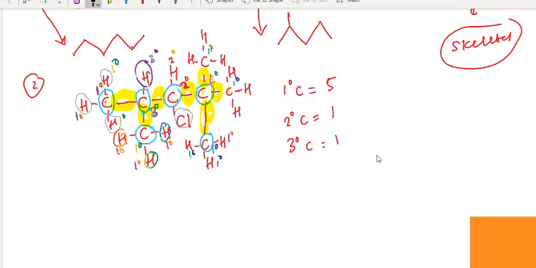So let's say I'm going to draw in the form of skeleton because it is easier. So let's say how we identify the class of carbon in this structure.